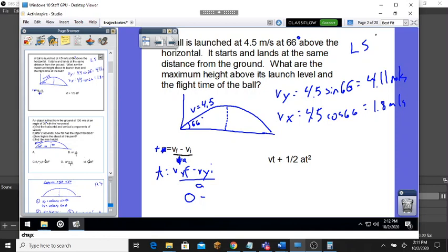Then we're going to plug in the velocity that they gave us, 4.5.